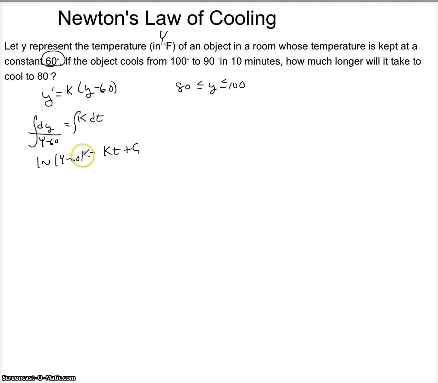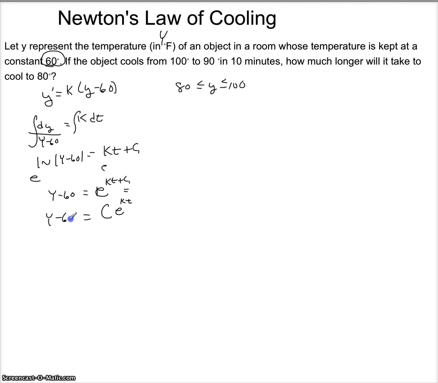Now, because y is constrained, I don't actually need this absolute value sign. So when I solve this, raise both sides to the e, so I have y minus 60 is equal to e to the kt plus c1, which we're going to rewrite as some C e to the kt.